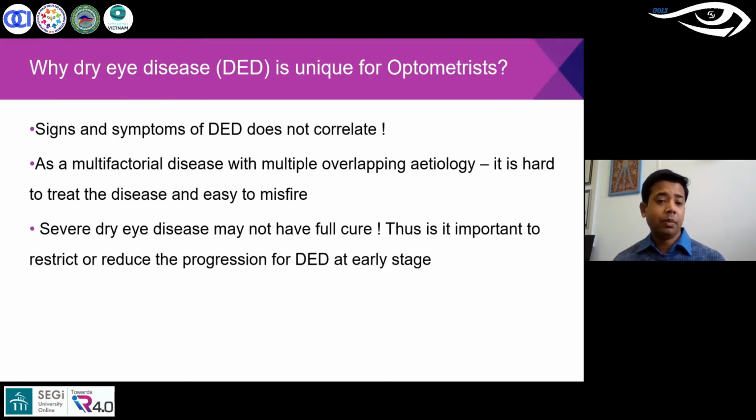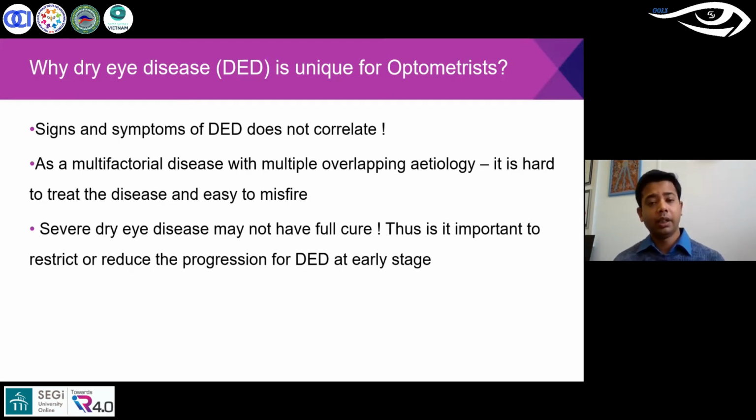Instead of spending more time trying to describe dry eye disease, I believe you have some understanding from the information before, so I'll jump directly to a few key factors. Signs and symptoms in dry eye disease often do not correlate. That happens all the time, particularly when it's preclinical or a mild form of dry eye. The patient doesn't have any symptoms.